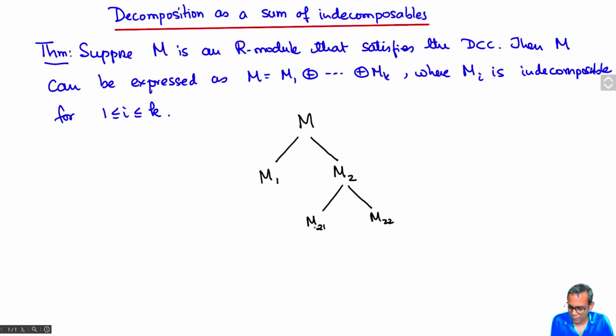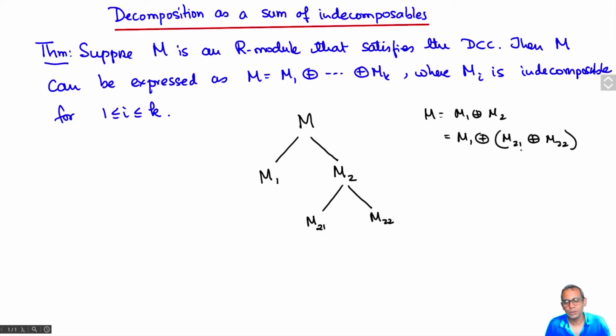Now note, we have M is M1 plus M2, but M2 is M21 plus M22, and you need to prove a certain associativity property of direct sum decompositions, which says that you can remove these brackets.